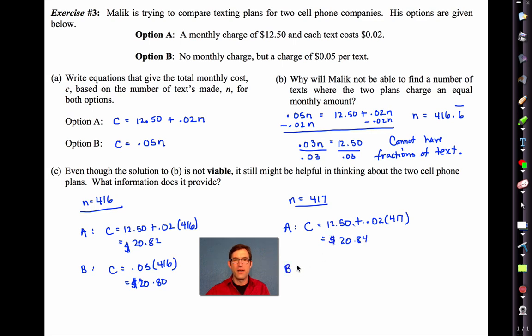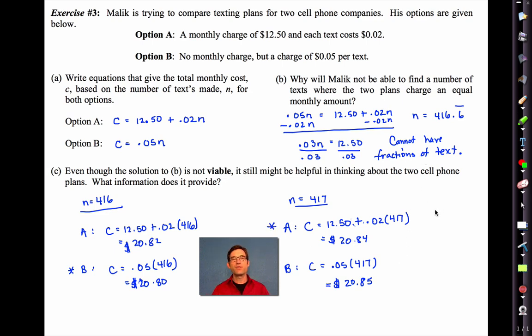On the other hand, for B, when we do 5 cents per text times 417, we get 20.85. So take a look. Originally, at 416, B was the better plan. But by 417, A becomes the better plan.